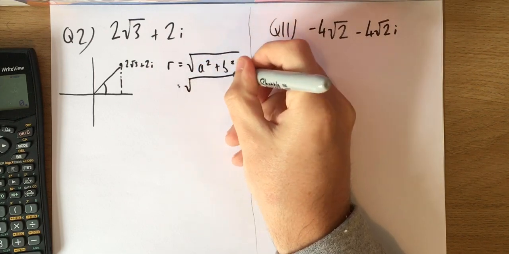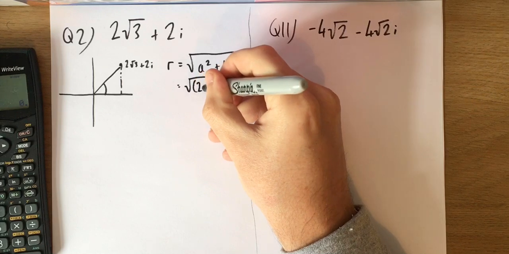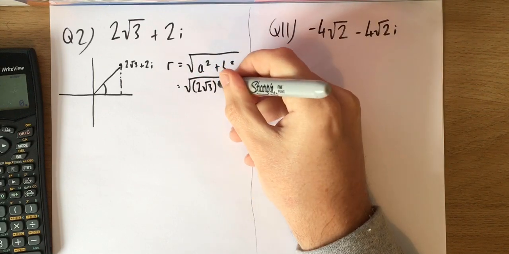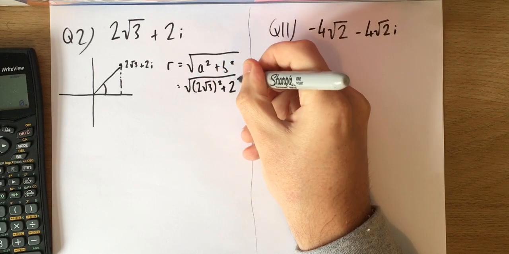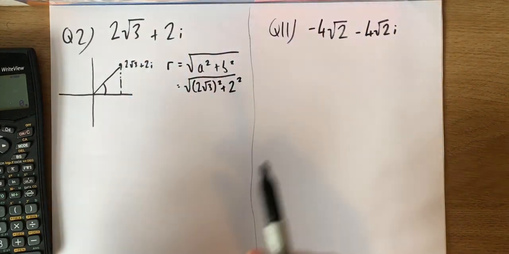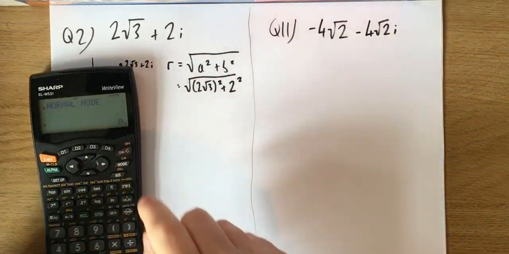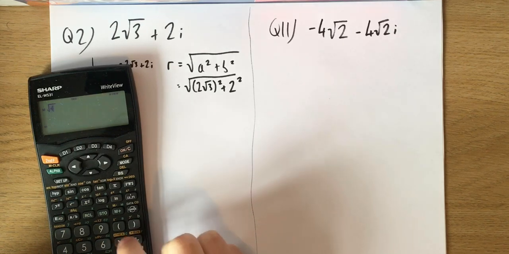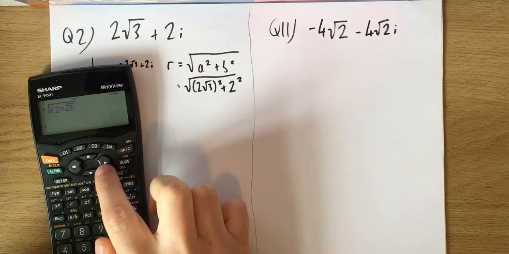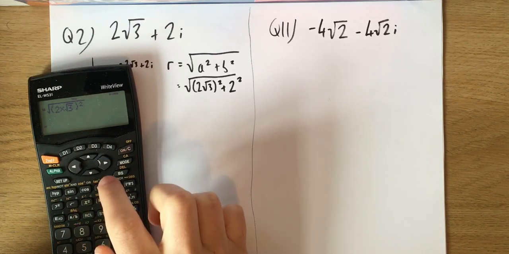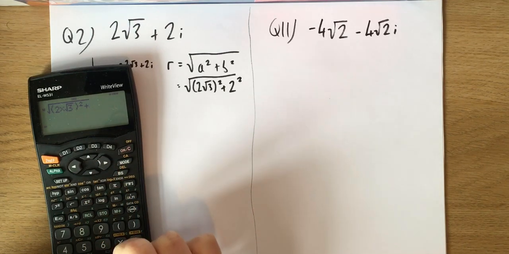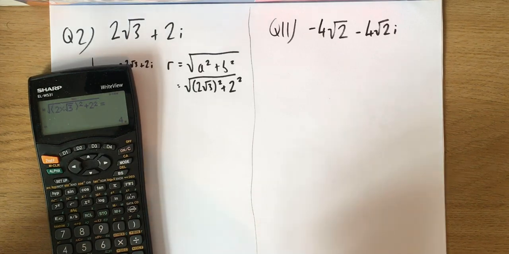So it's the square root of 2 root 3 squared plus 2 squared. So a and b. You can just plug that into the calculator now. So the square root of 2 times root 3 to be squared plus 2 squared is 4.